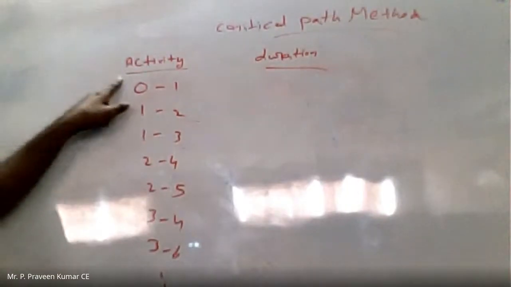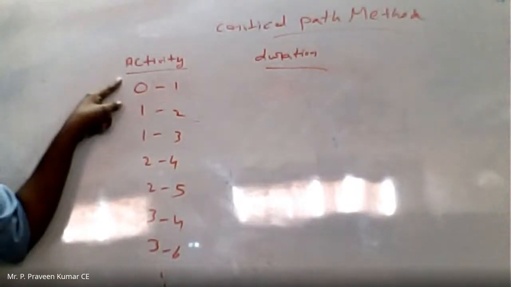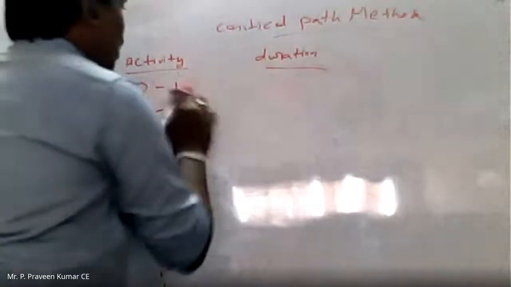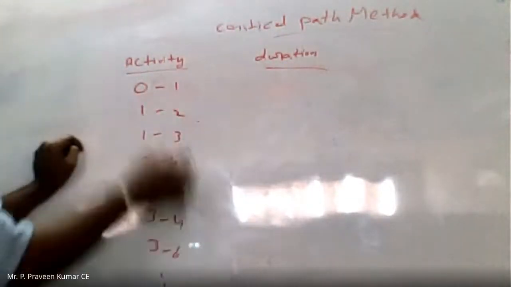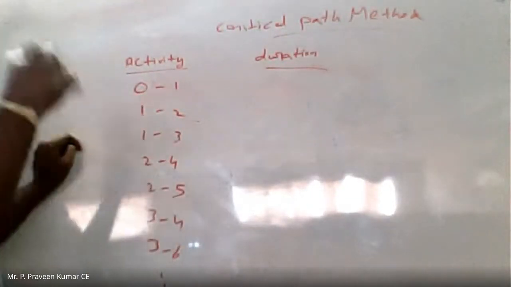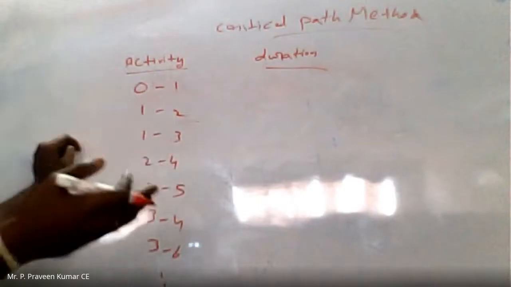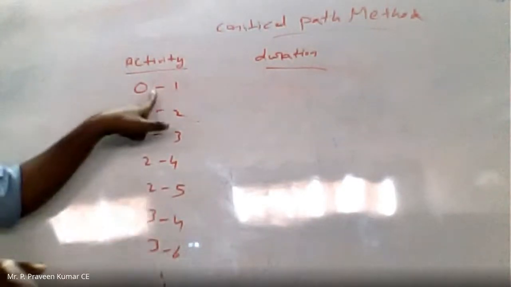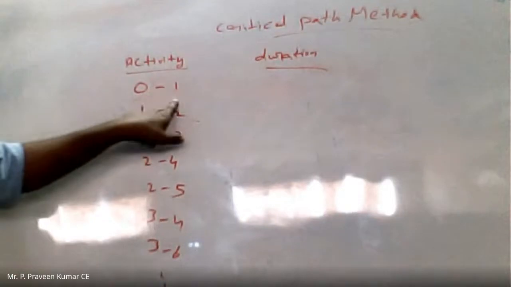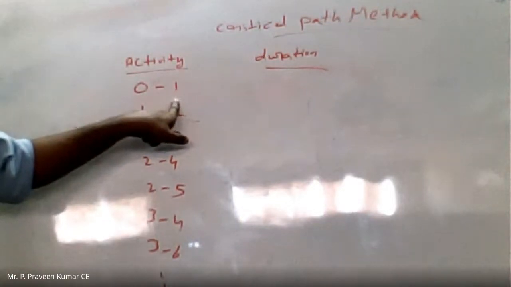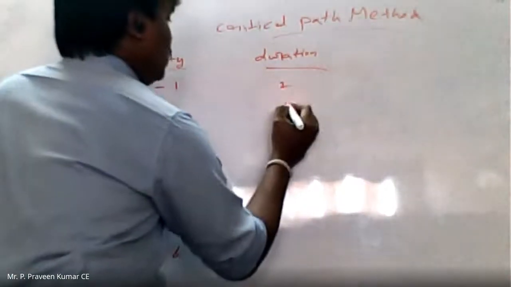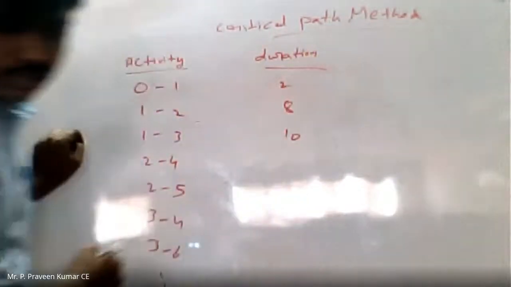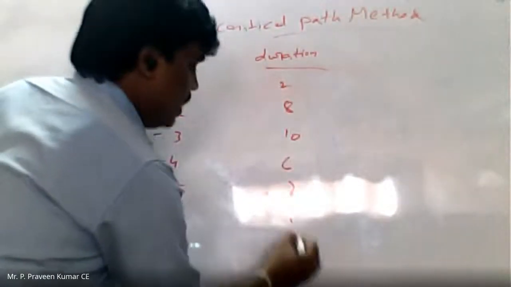While I am discussing the activities, just open the PDF and listen. Under this activity, they have given the timing, that is the duration: how many days it will take to complete that particular activity. Suppose I take the activity between 0 to 1, the duration of this 0 to 1 is 2 days, 8 days, 10 days, 6 days, 3 days, and so on.